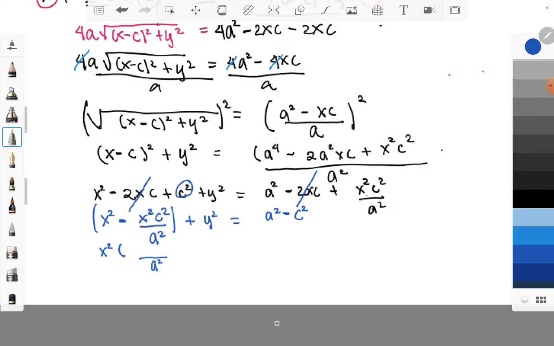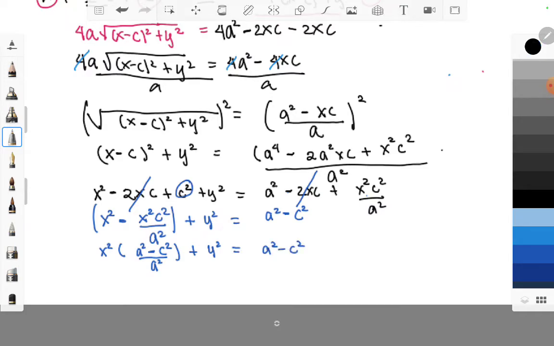So a squared divided by 1 multiplied by 1, so I will have a squared minus c squared, plus my y squared, which is equal to a squared minus c squared.